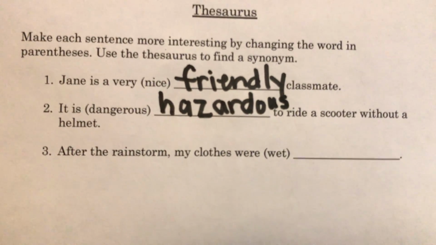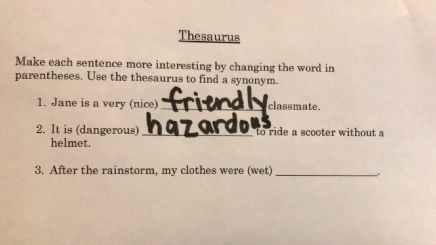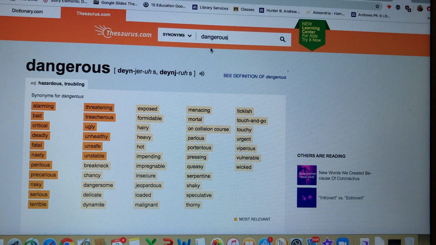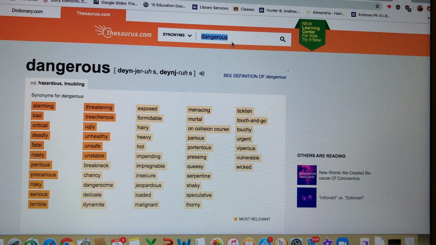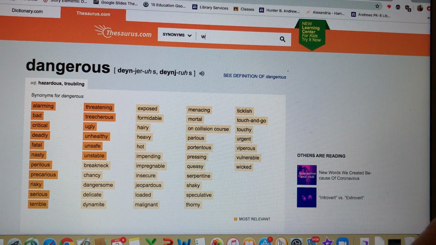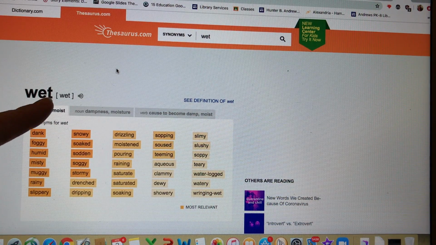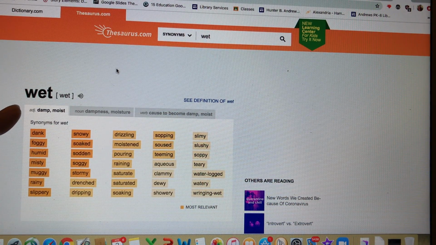And here we have, after the rainstorm, my clothes were wet. Okay, let's go over here and take a look. All right, I am going to delete dangerous, and type in wet. We have damp and we have moist are two main synonyms, and it is an adjective. So again, it's a describing word.